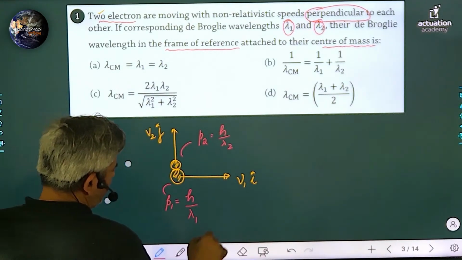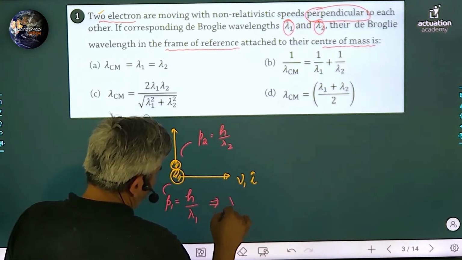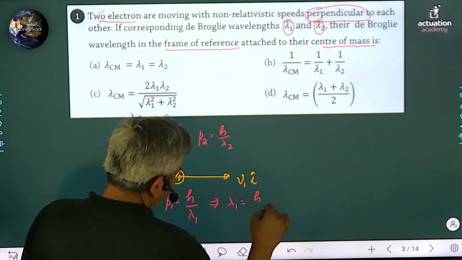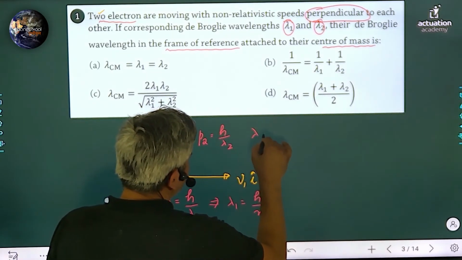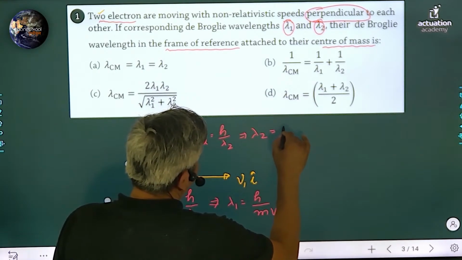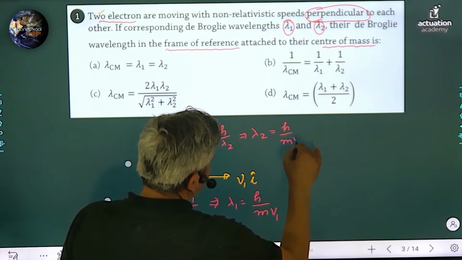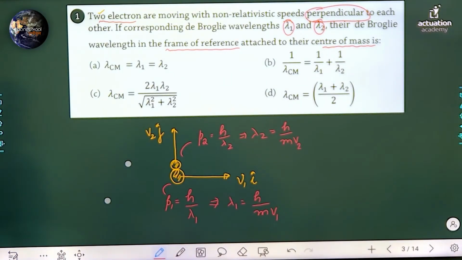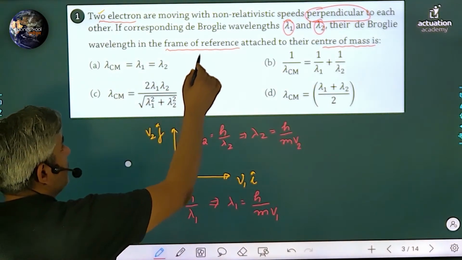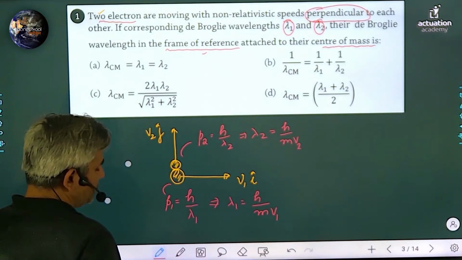So from here we can easily calculate lambda 1, which is nothing but h by mv1, and lambda 2 is h over mv2. Now we have to find the de Broglie wavelength in the frame of reference attached to their center of mass.